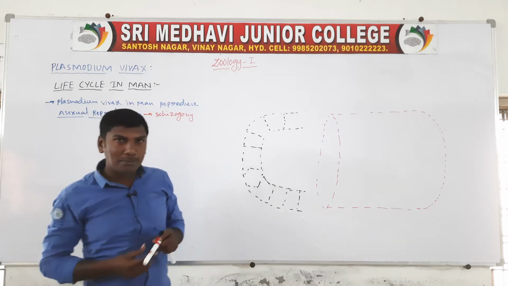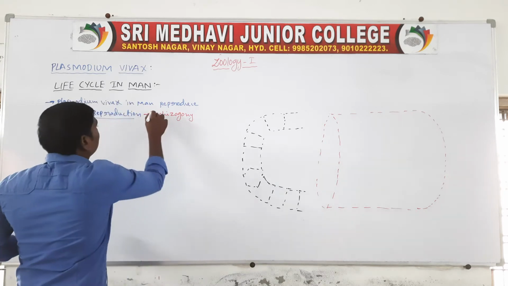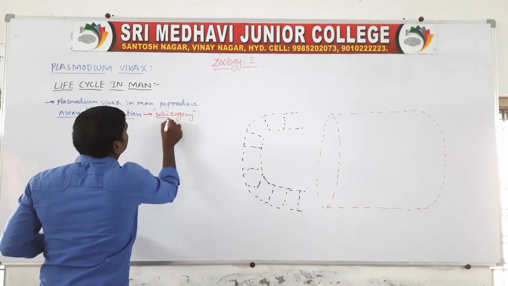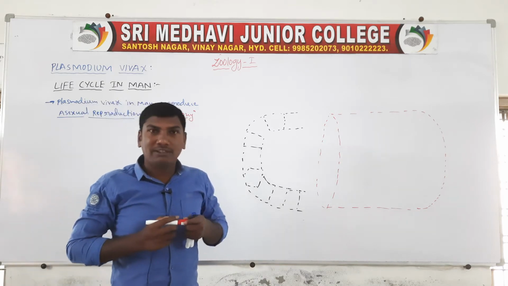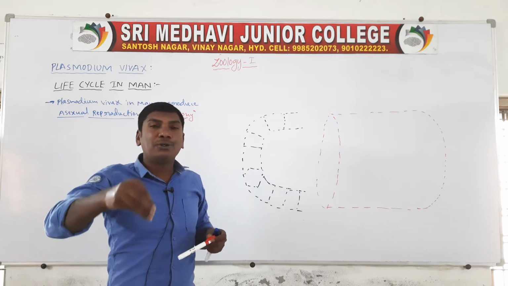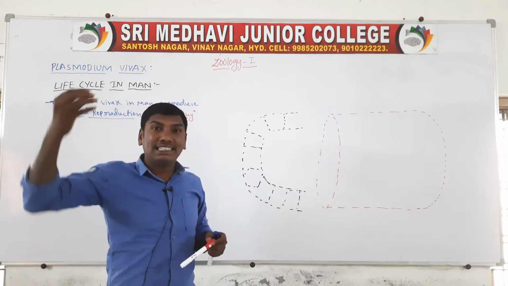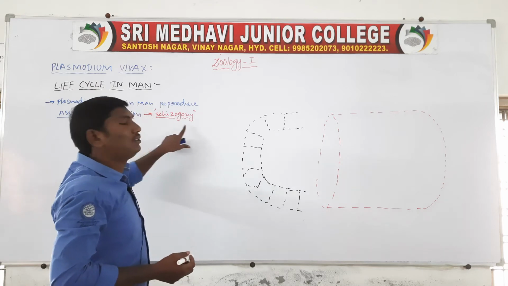This asexual reproduction is called schizogony. Schizogony means asexual reproduction.